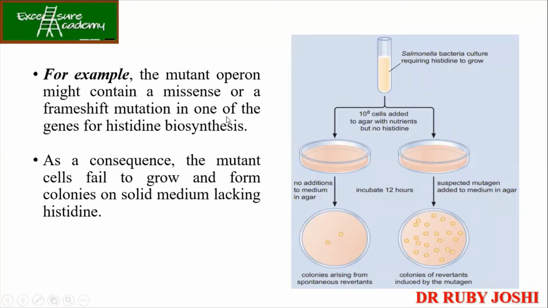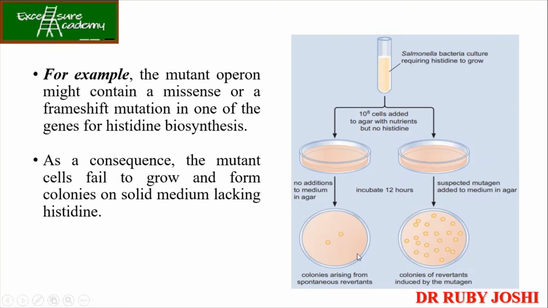Okay. So for example, the mutant operon might contain a missense or a frameshift mutation in one of the genes for histidine biosynthesis. I guess everyone knows what a missense and a frameshift mutation is, right? Now, the mutant cells will fail to grow and form colonies on solid medium lacking histidine.